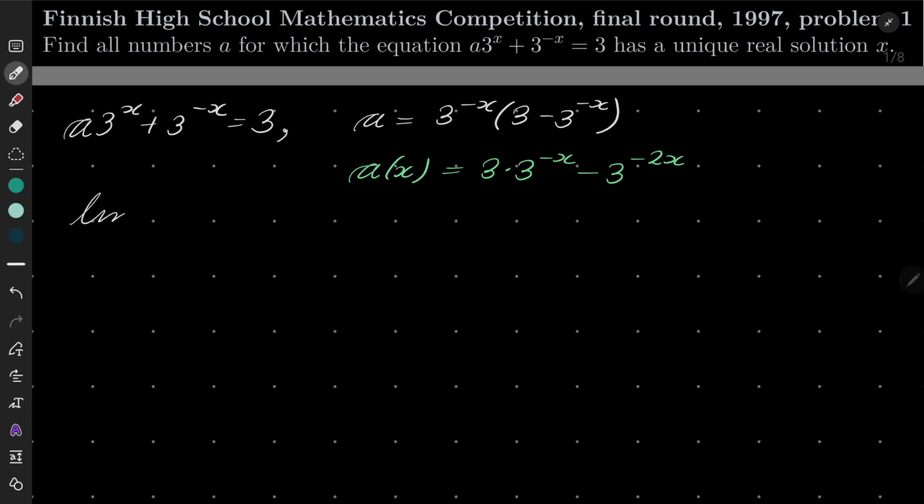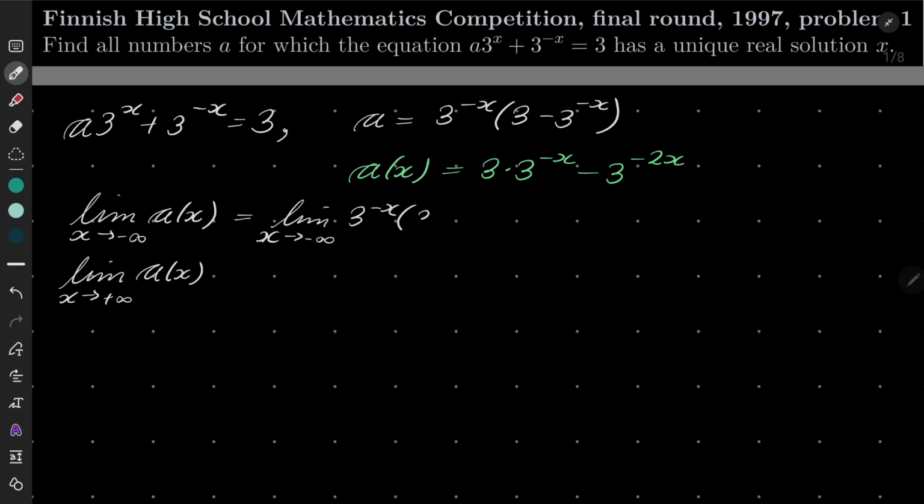First of all, we will consider limits of this function at infinities. The first limit, at minus infinity, is the limit as x goes to minus infinity of 3 to the power minus x times (3 minus 3 to the power minus x). 3 to the minus x goes to infinity, so this part goes to plus infinity, and this part goes to minus infinity.